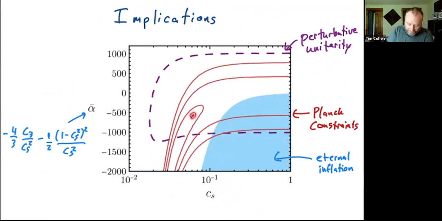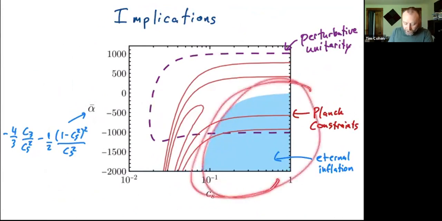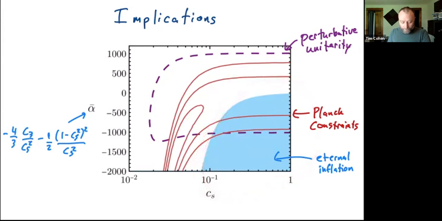The best fit value is somewhere like that. And the claim of the talk is that we have found a new regime which overlaps with the potential Planck measurement in the future, where it seems like eternal inflation is happening. But these are two parameters which control primordial non-Gaussianity at the leading order in the EFT expansion.